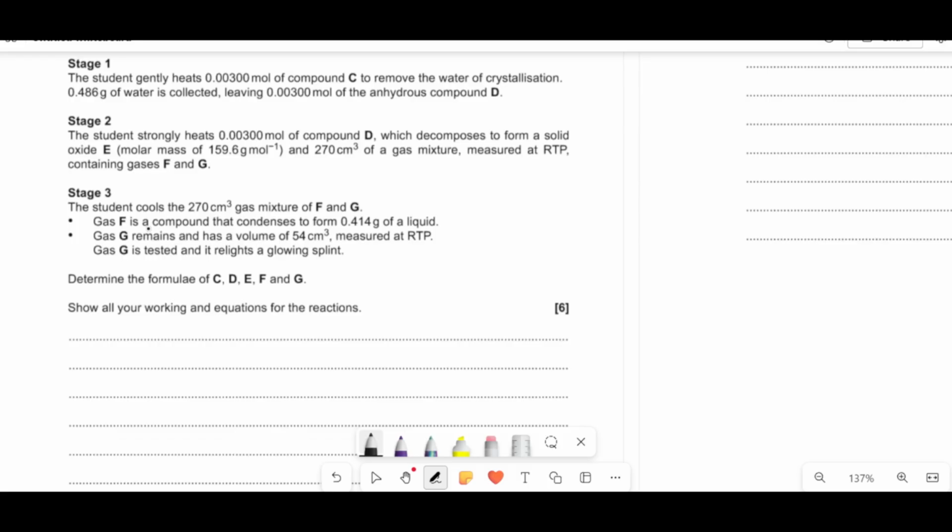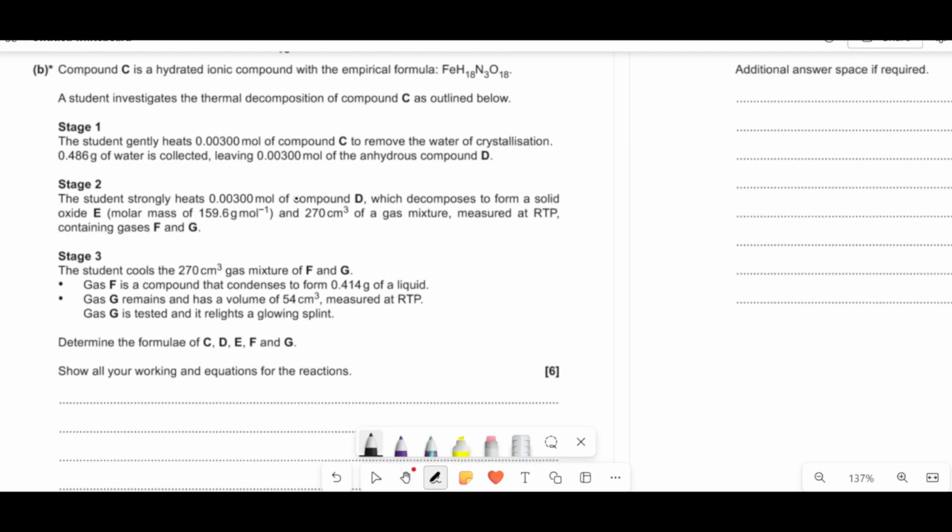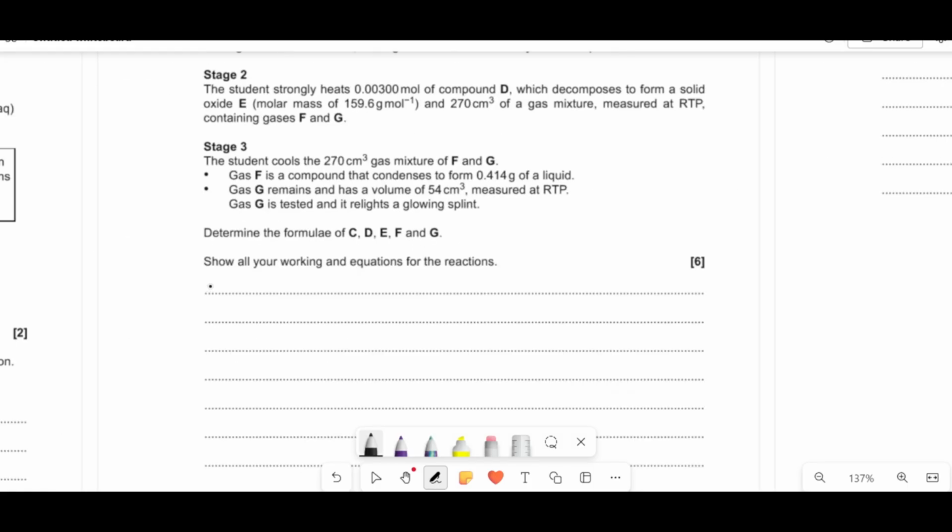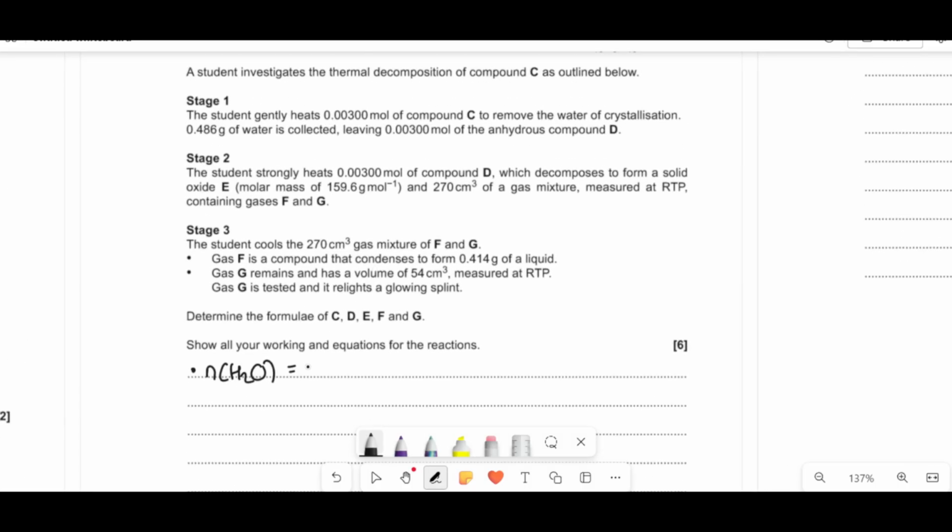Fine. So one thing we could do is work out how much water was lost, because if that much water collected, then we can figure out how much water was lost from there. So then that means the moles of H2O lost will be 0.486 over its Mr, which is 18, which is 0.027 moles, right?